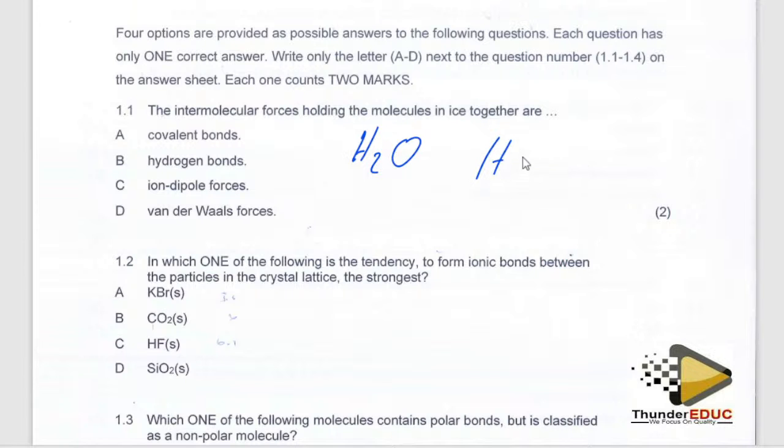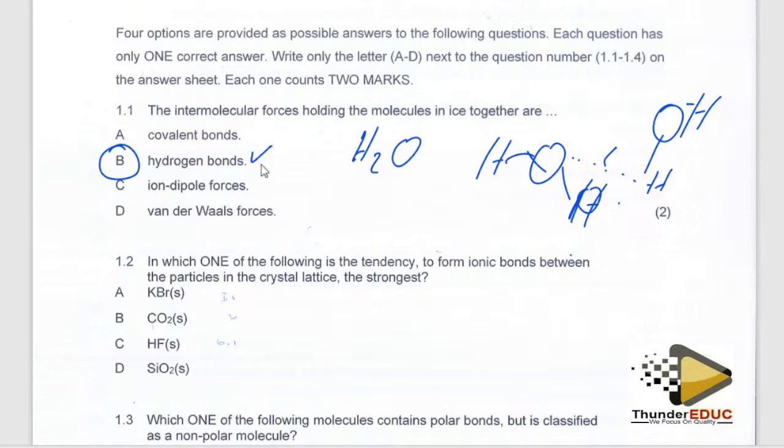Don't forget that H2O is like that, and then another H2O like that, meaning that this hydrogen is going to be like that. So this bond is called a hydrogen bond. So we have to look for hydrogen bond. So the answer becomes that.